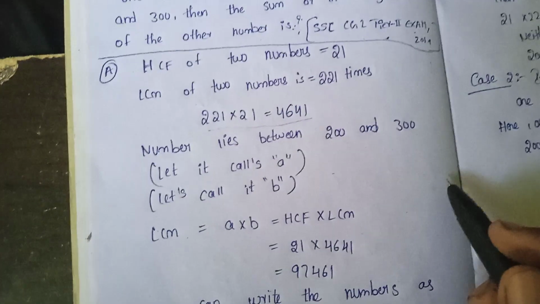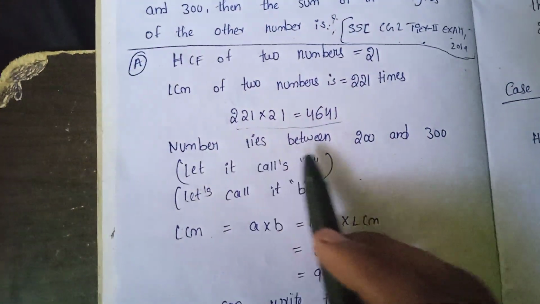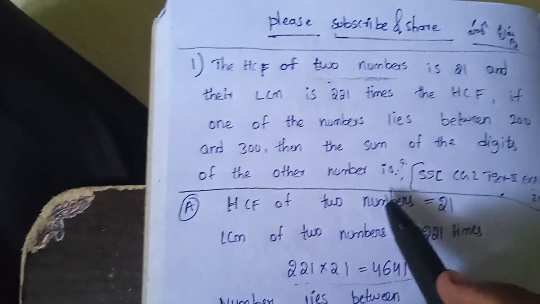Understand carefully. A number lies between 200 and 300, and in this question two numbers are already mentioned.